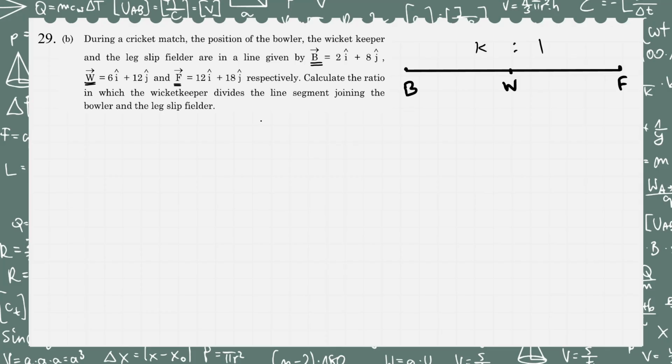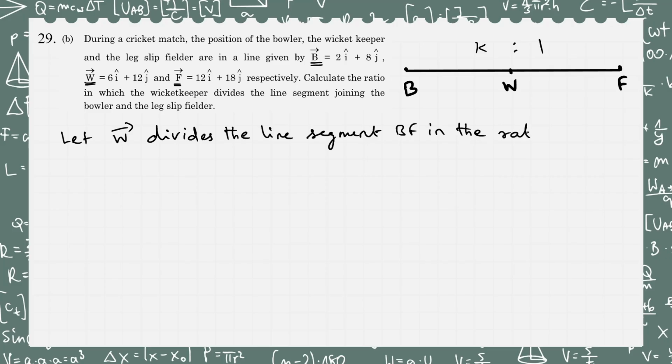So as usual, we take the ratio in which W divides the line segment BF as k:1. Let the W vector divide the line segment BF in the ratio k:1. So we know the section formula for internal division for vectors, right?